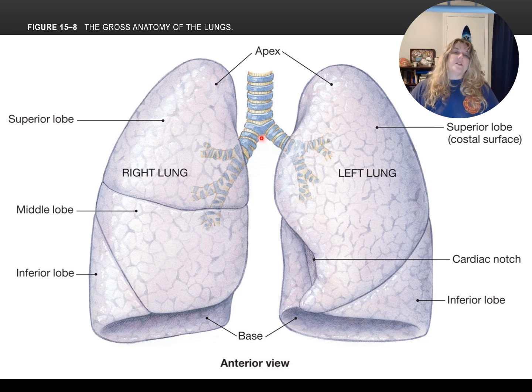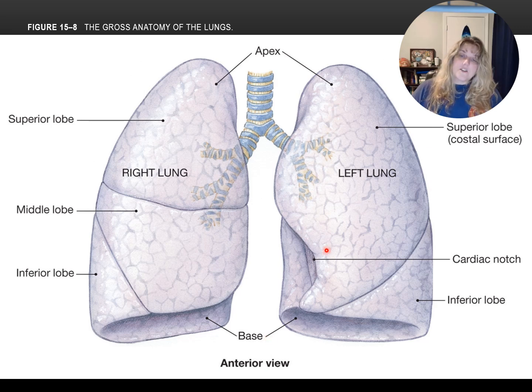Now you'll note that here on the right lung you have a total of 3 lobes. You have this upper lobe here, a middle lobe, and then an inferior lobe. And unlike the heart, which is flipped, the apex is the top of the lungs and the base is the bottom that comes in contact with the diaphragm.